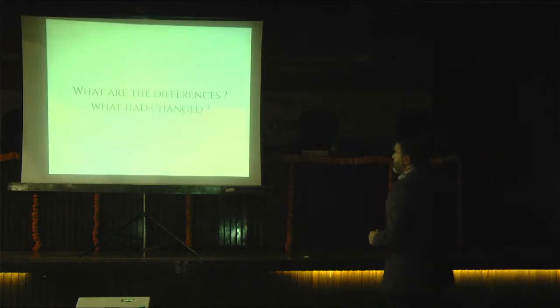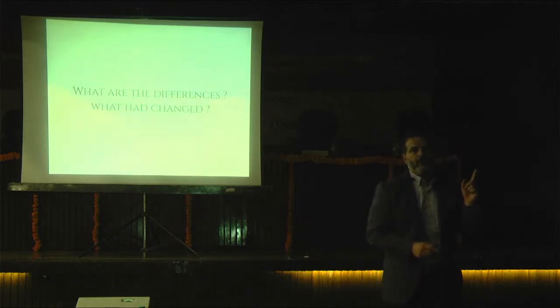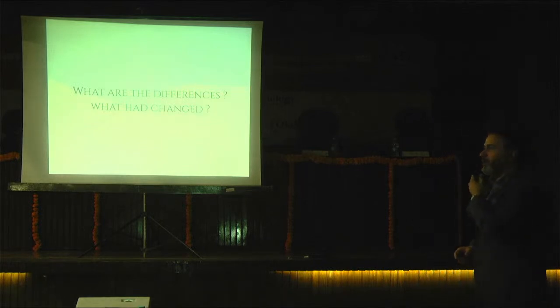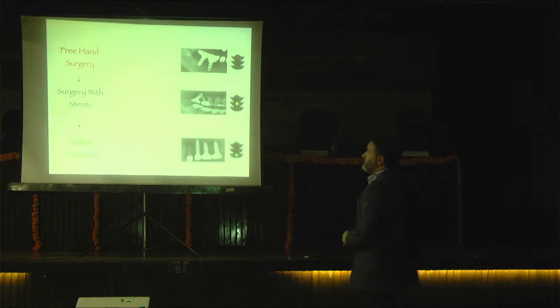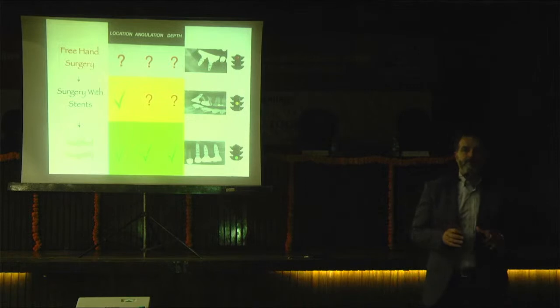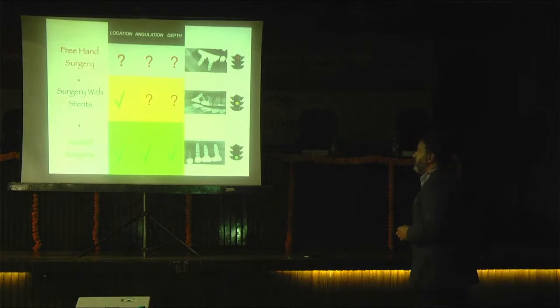What are the differences and what has changed from the former implant guide stents to the new ones? Yes, to make a comparison, we should have some parameters. The parameters are location, angulation, and depth.